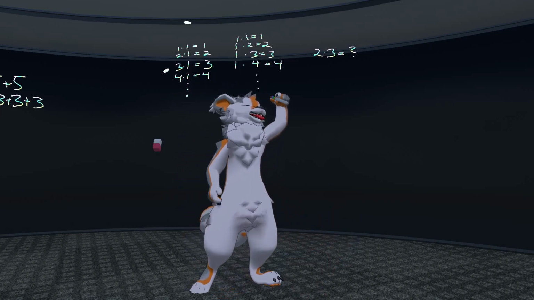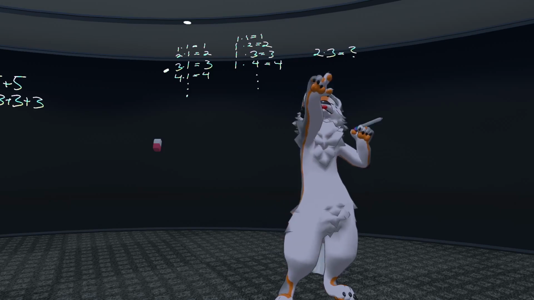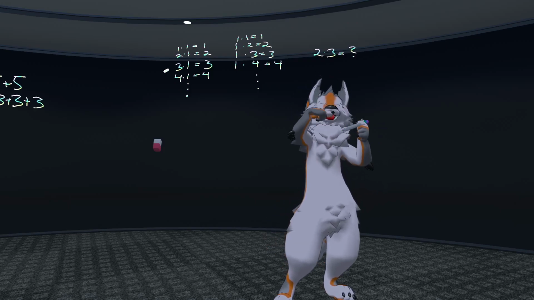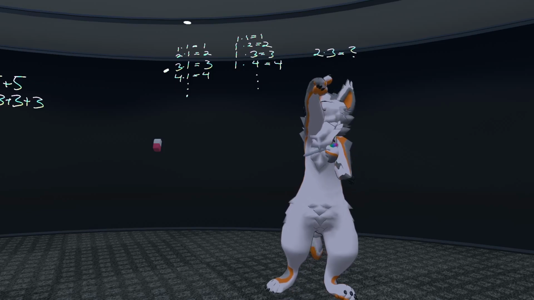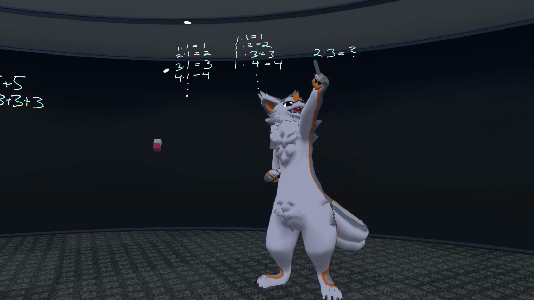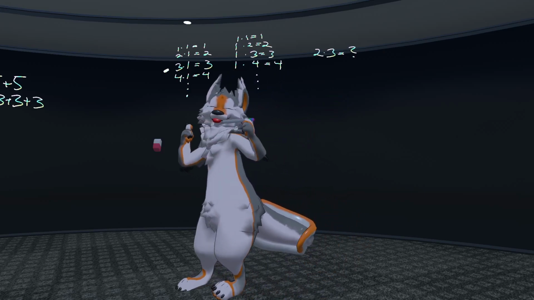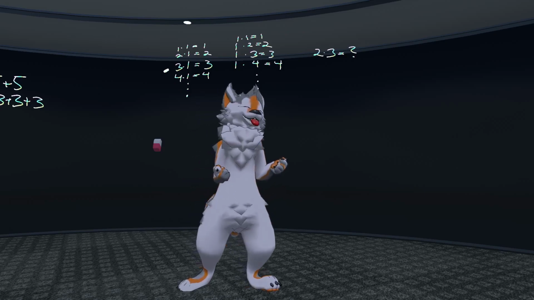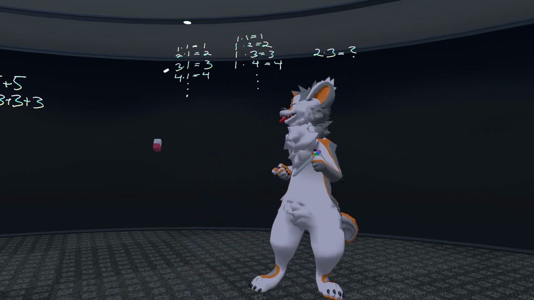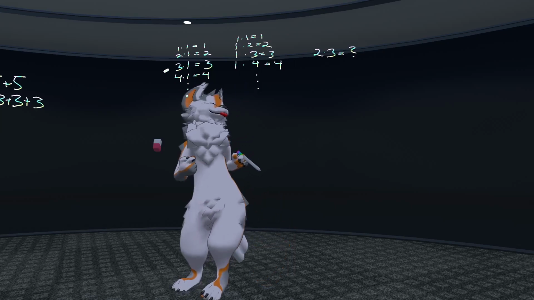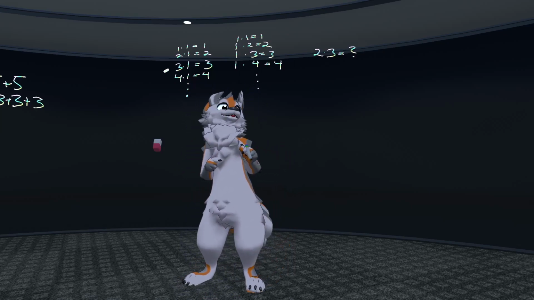But we are going to define an inductive rule that is going to allow us to work out what this is. And that rule is going to be distributivity. Okay? All right. So, let's see how that's going to work.